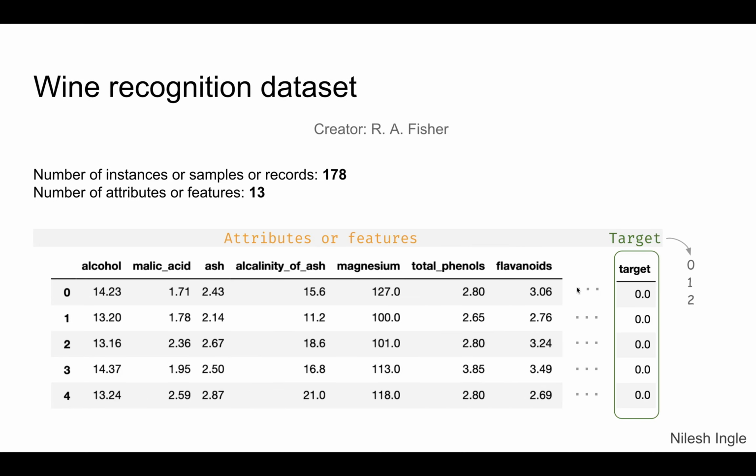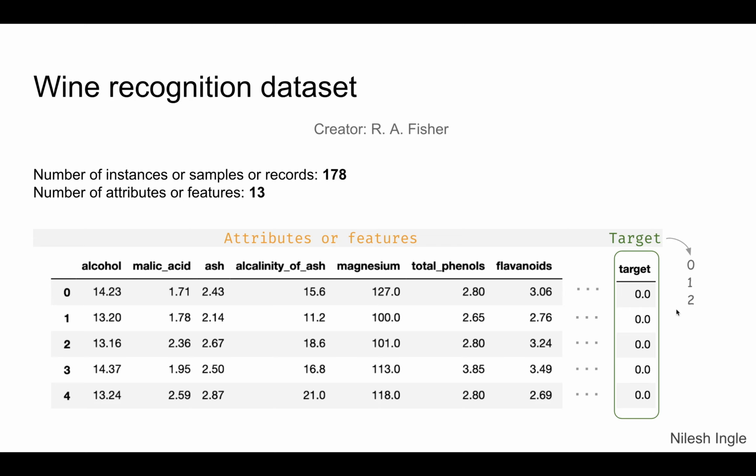Moving on, we have another dataset which is the wine recognition dataset. Here there are 178 records and there are 13 features. Each feature such as the alcohol, malic acid, ash content, flavonoids, and each of these rows describes a particular type of wine.